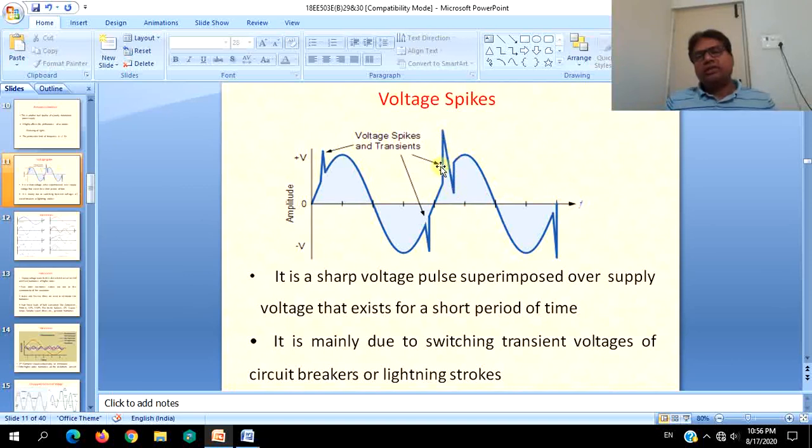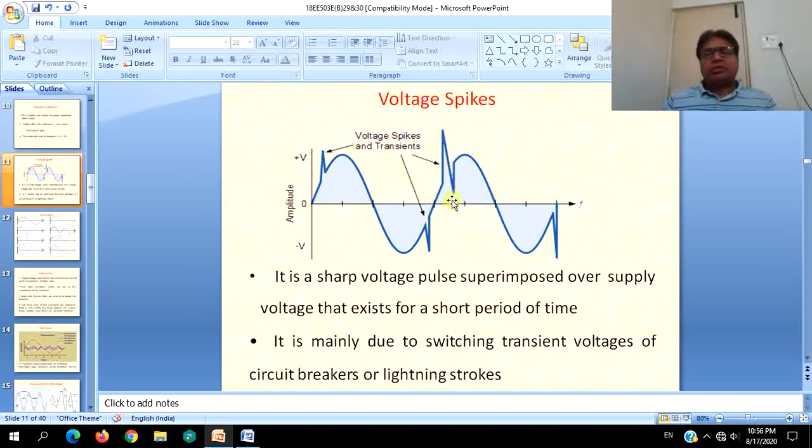That is an oscillatory spike or oscillations. These are also called dips and sags. So voltage spikes can be only higher spikes. They can also be transients like oscillations.